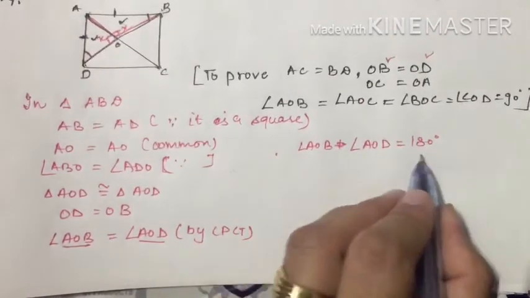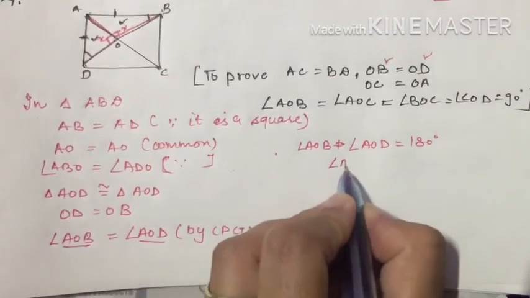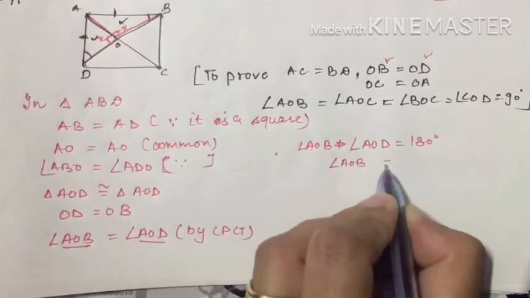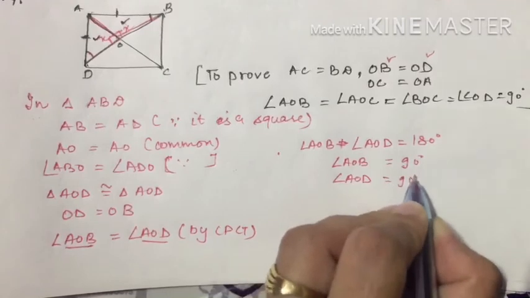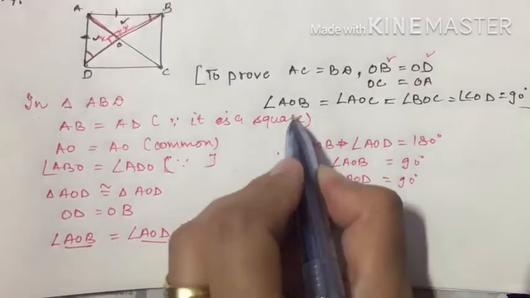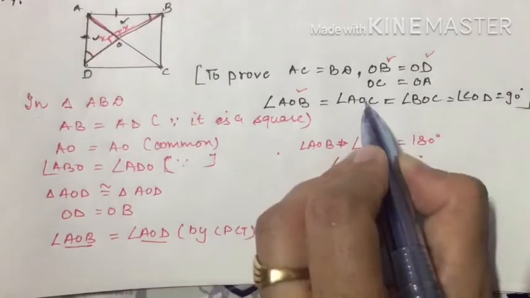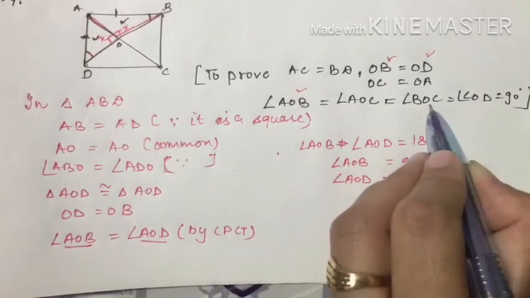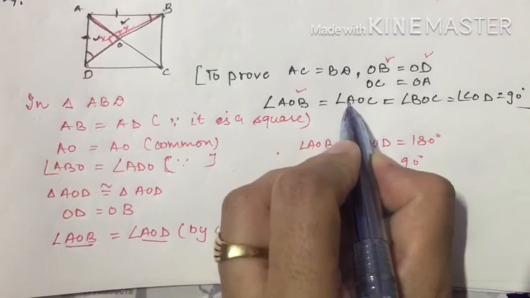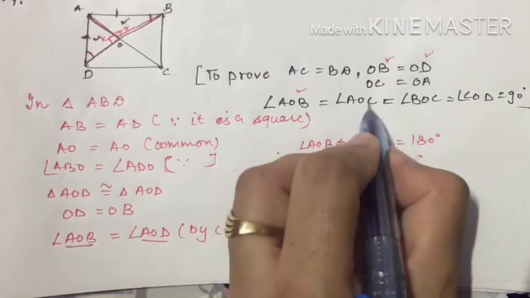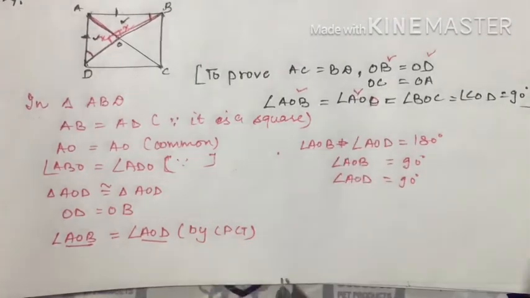Straight line means the sum will be 180 degrees. That means AOB will be 90 degrees and AOD also will be 90 degrees. This is also I have proved: AOB and AOD, BOC, COD. These two things also I have proved.